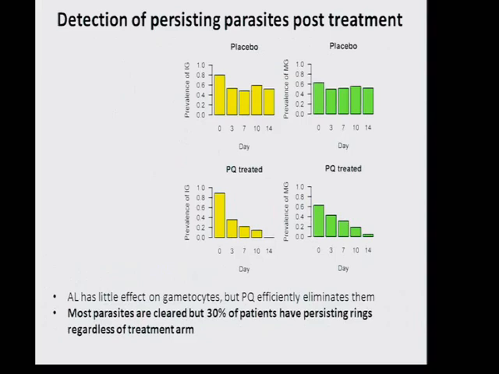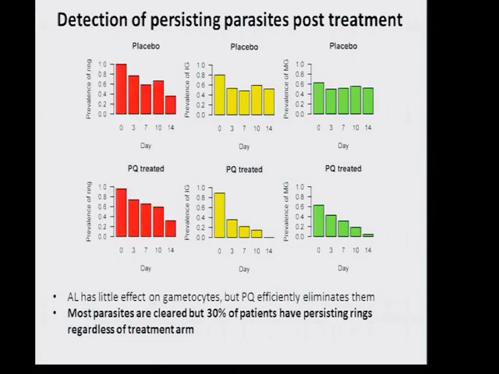So what we see, using the immature gametocyte marker and the mature gametocyte marker, is that AL alone is not really hitting them, but adding primaquine efficiently knocks down the gametocyte prevalence to basically the level that Tone and colleagues have already noted using QT-NASBA with PFS25. But what we also noted is using the asexual marker. So this is SBP1, one of the most highly expressed transcripts in asexual ring stage parasites.